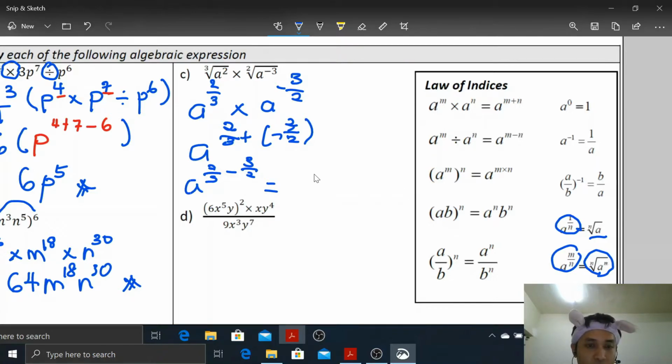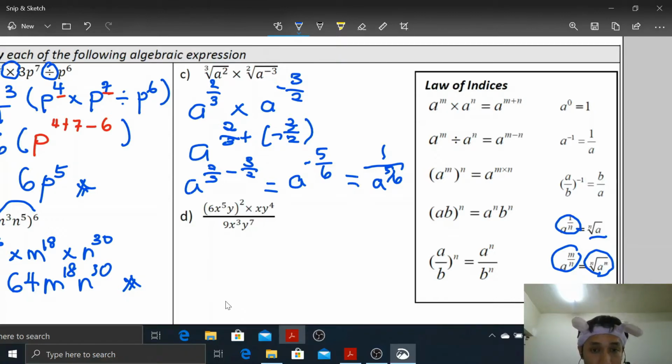If I simplify, this will be negative 5 over 6. Or my final answer could be 1 to the power of 5 over 6, because this one is negative, so we are changing it back to this one. So this will be the answer.